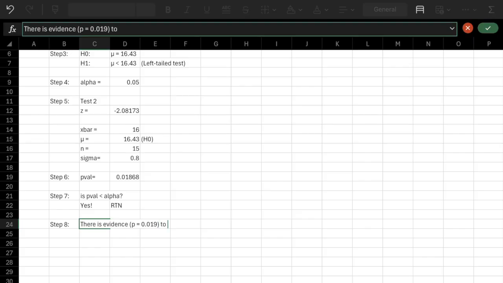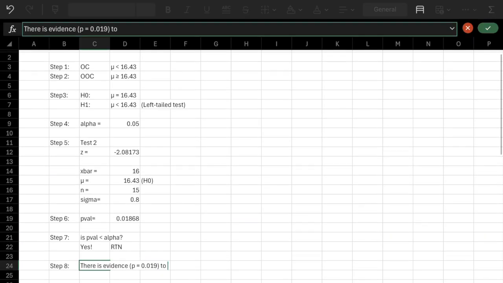Okay, now it is in terms of my original claim. And the original claim is my alternative hypothesis. So since I am rejecting the null, I am supporting the alternative hypothesis, which is my original claim.